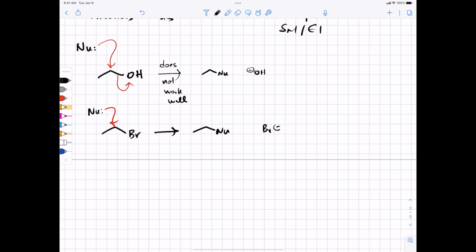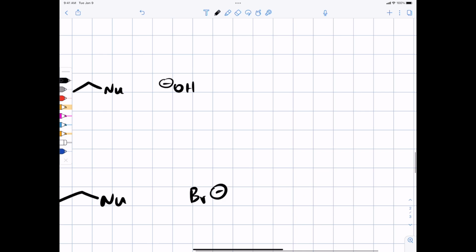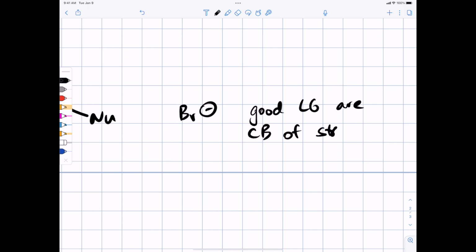Why? Okay, I'm hearing things about what? OH is a bad leaving group. Why is OH a bad leaving group? Okay, we talked about this maybe a little bit, but good leaving groups are conjugate bases of strong acids.